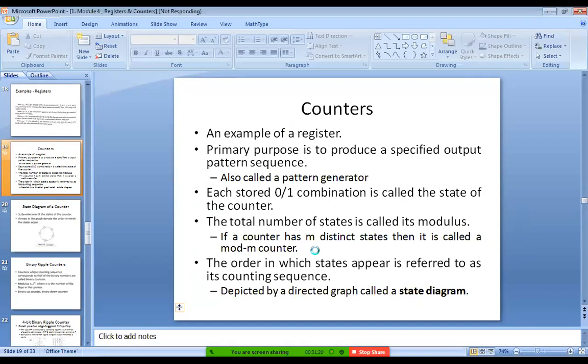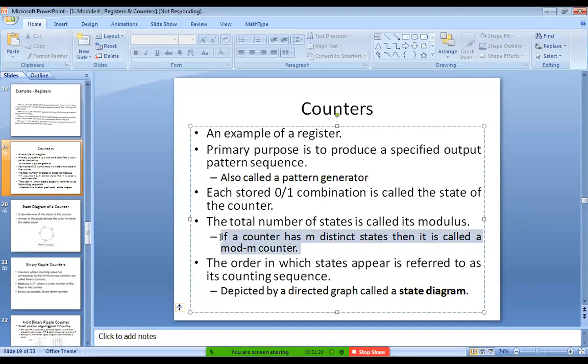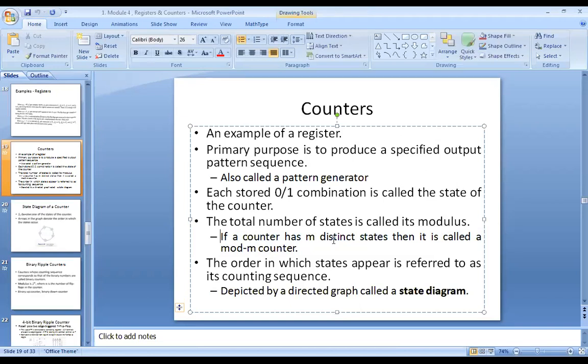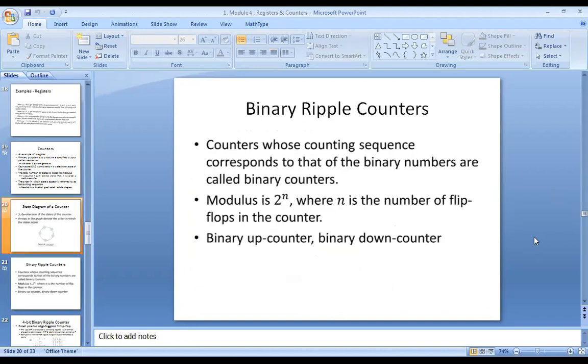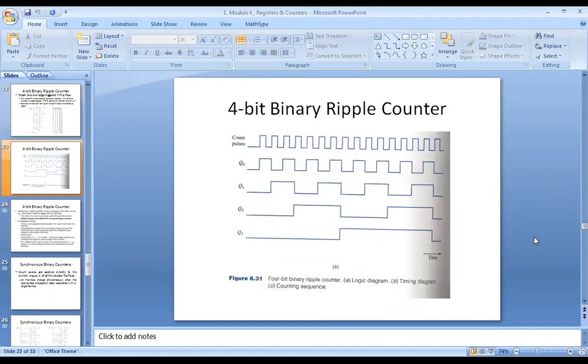If a counter has m distinct states, then it is called a mod m counter. So it's only dependent on the number of states. You understood, right? It depends on where you're starting, and many times that causes confusion when you're starting from zero.